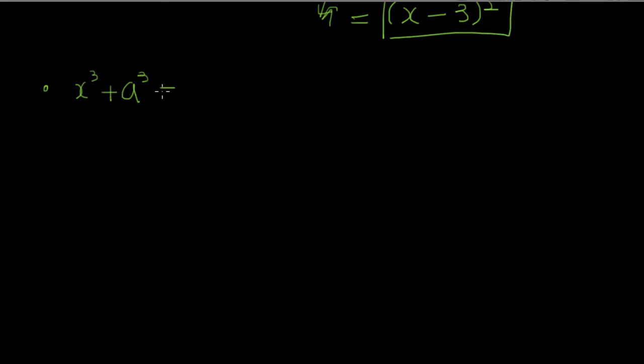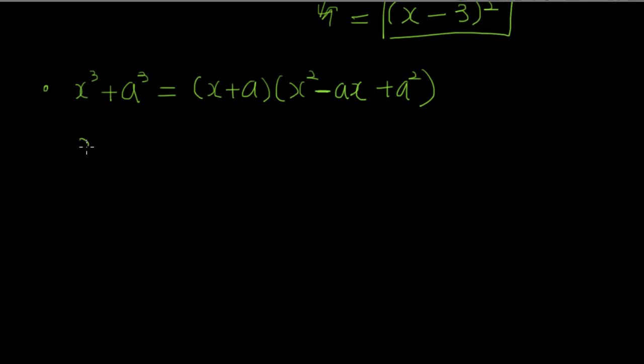Then this will be factored as x plus a, and x squared, now this is the important part, minus ax plus a squared, like this. If this is a plus, only minus is here, right there.